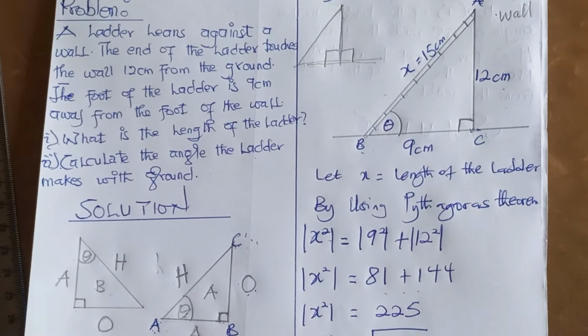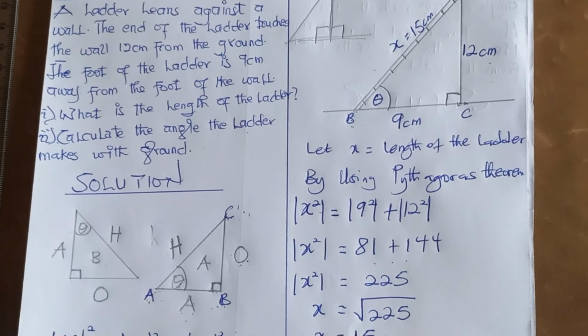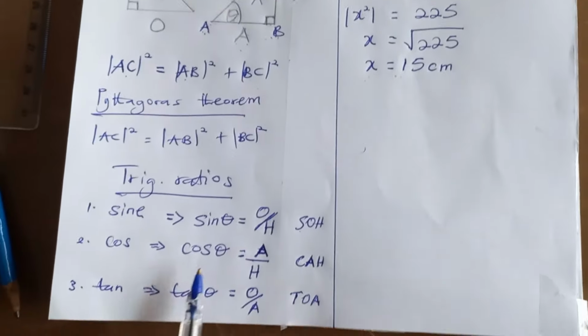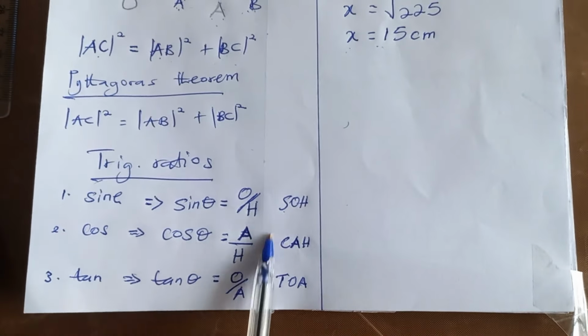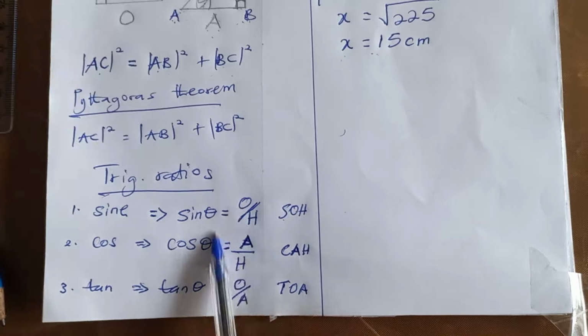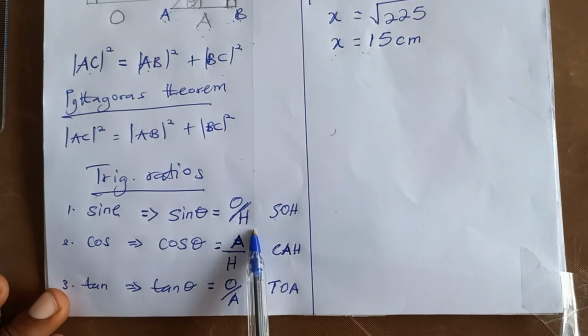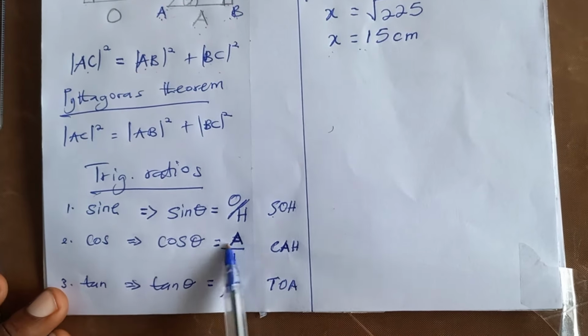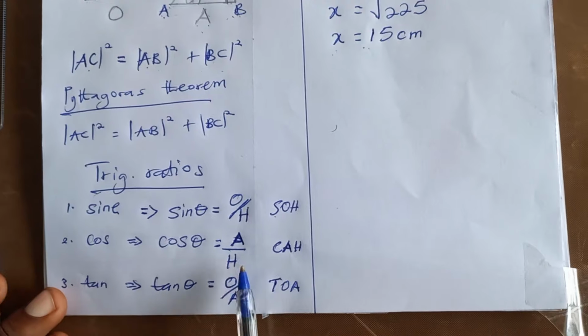So we can use these trig ratios. In fact, we have the answers for all of them: the opposite, the hypotenuse, the adjacent.